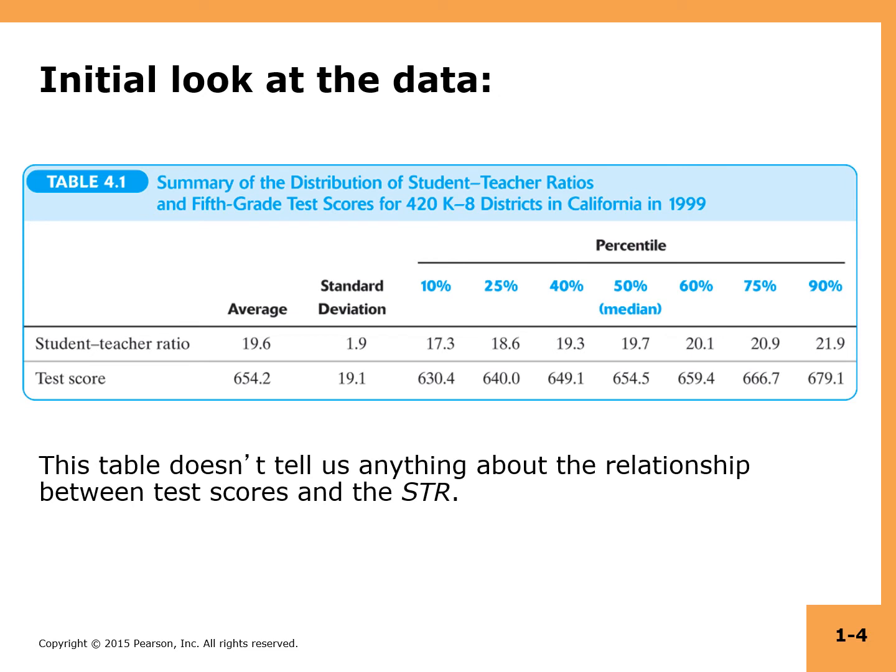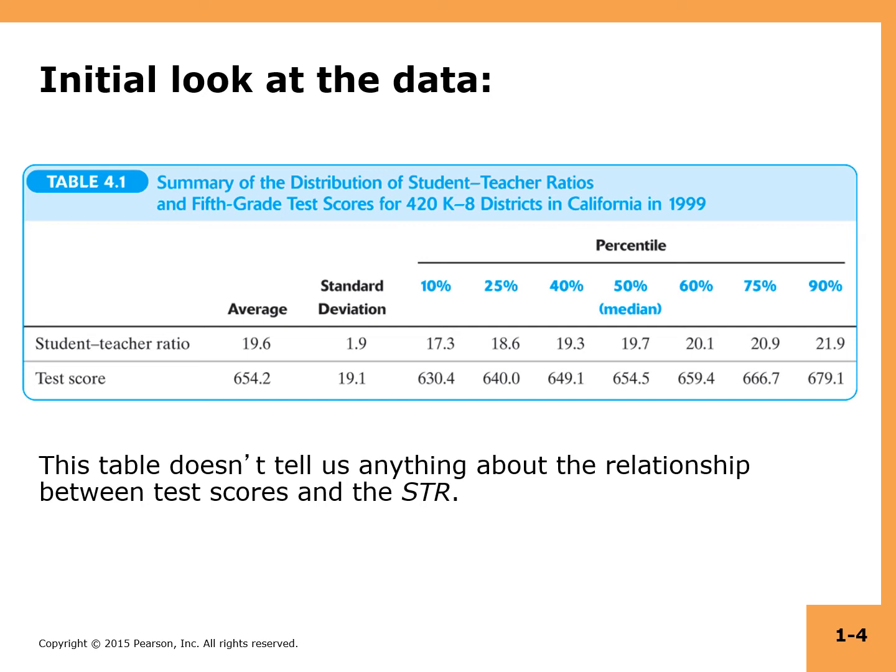Let's look at the data set. Here we can see that the average student-teacher ratio is 19.6 and the average test score is 654.2. We can also see the distribution of student-teacher ratio and test scores.